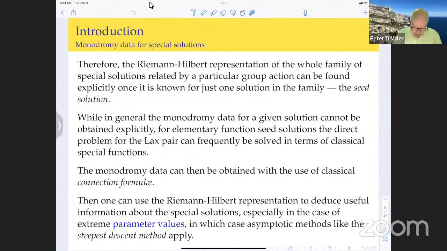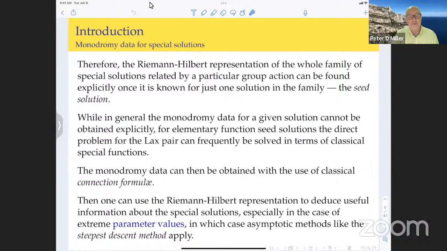So at that point, what we can do is use the Riemann-Hilbert representation of this whole family of solutions that are obtained by applying the Schlesinger transformations to the Riemann-Hilbert problem for the seed to deduce all kinds of useful information about the special solutions. And this statement is especially relevant when we consider extreme values of the parameters.